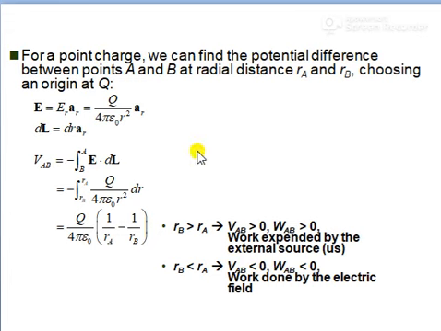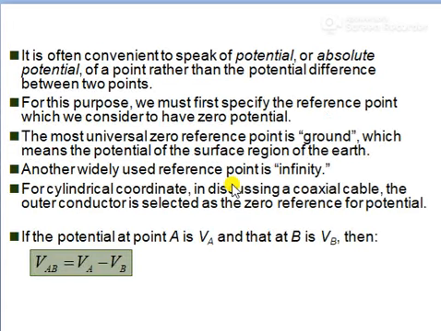Next, it is often convenient to speak of the potential or absolute potential of a point rather than the potential difference between two points.